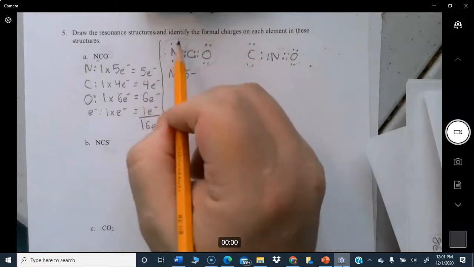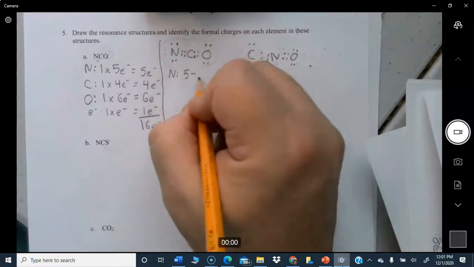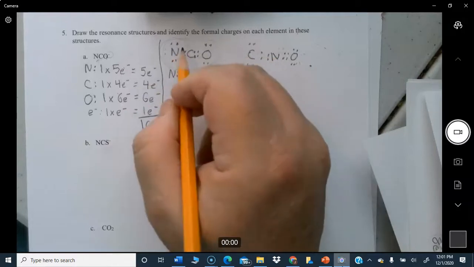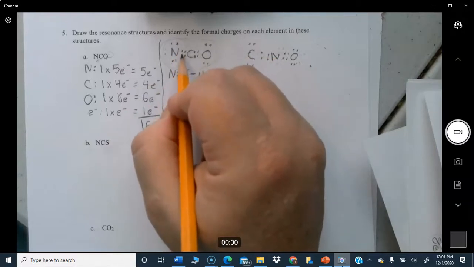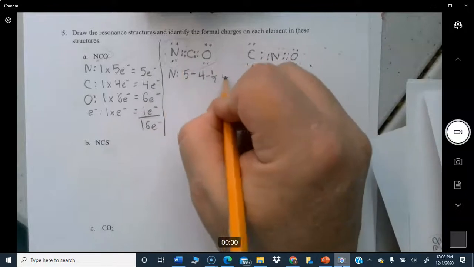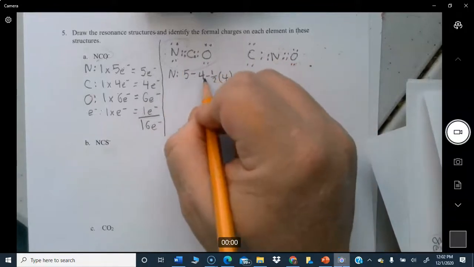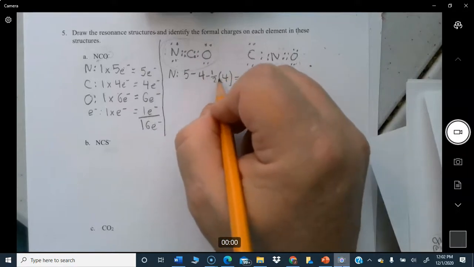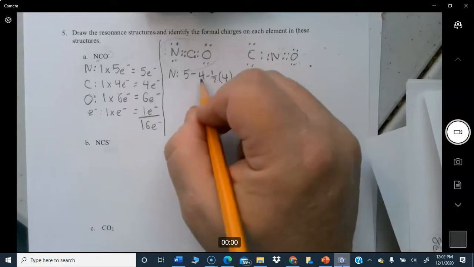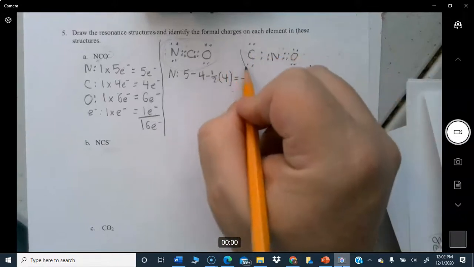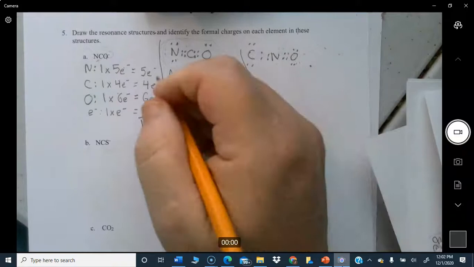In this configuration, it has 1, 2, 3, 4 lone pair electrons and half of the bonding electrons, which between nitrogen and carbon are 4, so half of 4. Okay, and that's going to equal 5 minus 4 is 1 minus half of 4 is 2, so 5 minus 4 minus 2 is negative 1. Like that.